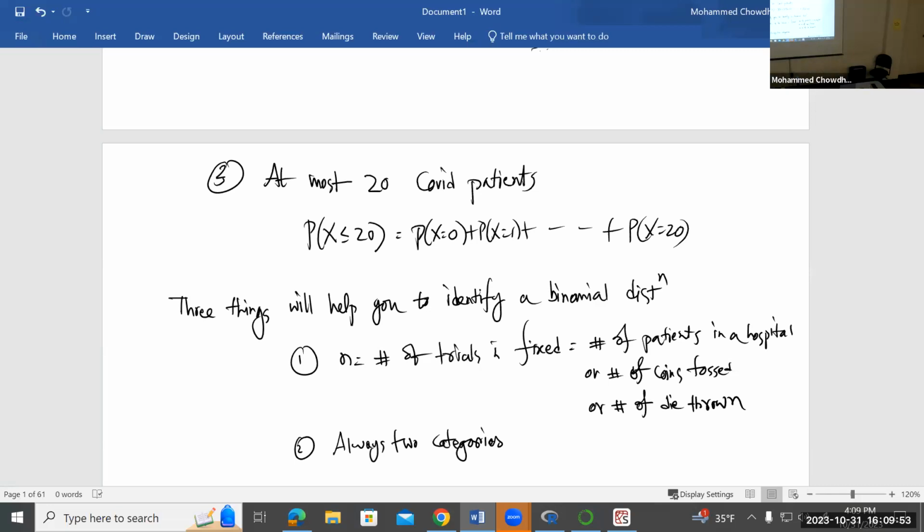Suppose a problem has 6 categories, a dice has 6, right? But I say 2 categories. Always 2 categories. A dice has 6 points, my focus is 5. 5 is one category, rest of them is another category. Clear, right?